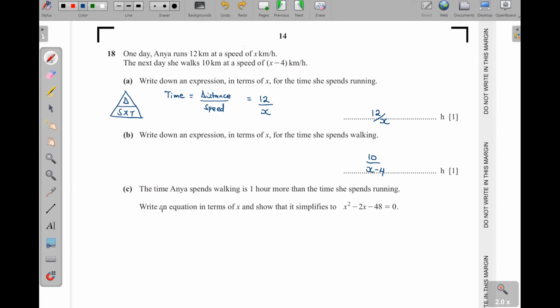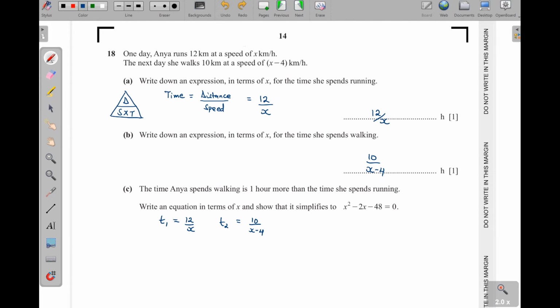Now I'm going to say my T1 is equal to 12 out of x. Then my T2 is equal to 10 out of x minus 4. They say that the time she spends walking is 1 hour more than she spends running.